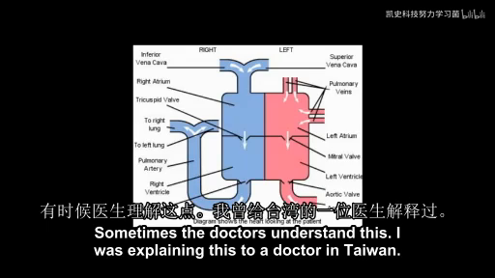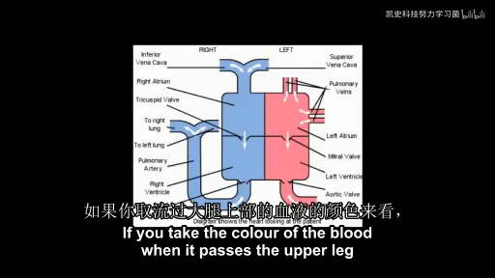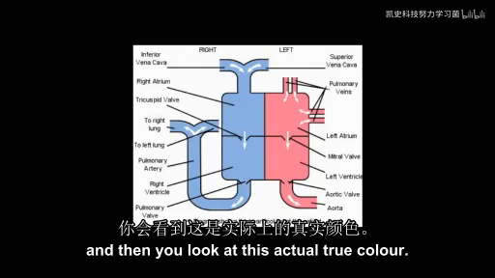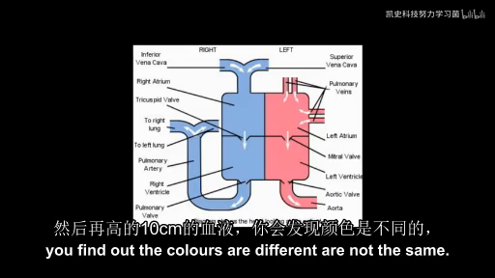I was explaining this to a doctor in Tehran, if I'm correct. If you take blood just after it passes the upper leg and look at its true color, and then you take blood about 10 centimeters higher, and then 10 centimeters higher again, you find the colors are different.